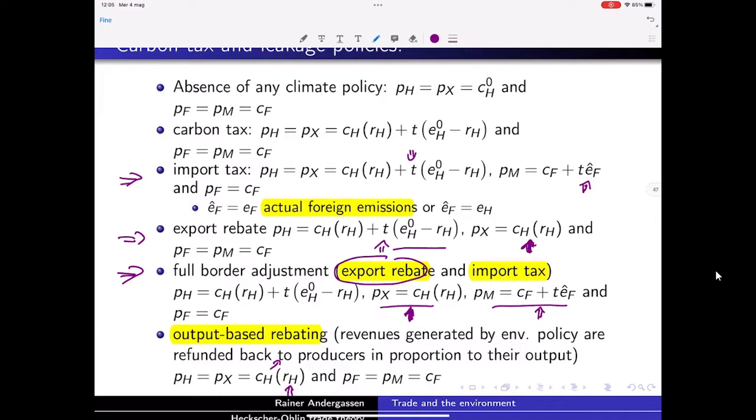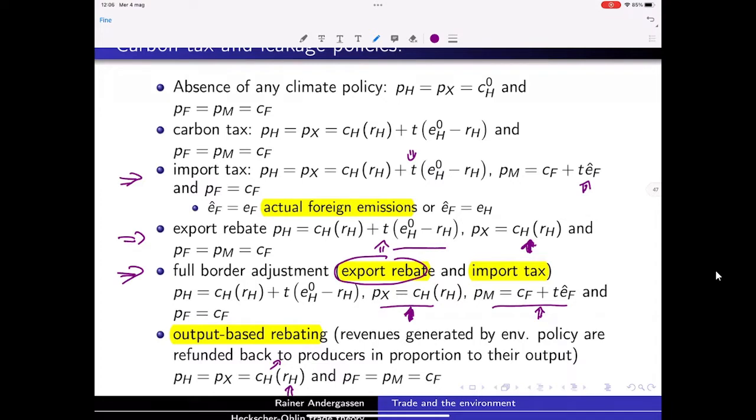With the import taxes, you would like to level the playing field at home, because in the home market, firms have to pay taxes. So that's why you want to correct import prices such that the playing field is the same for home firms and foreign firms at home.